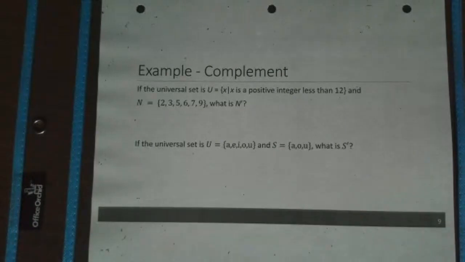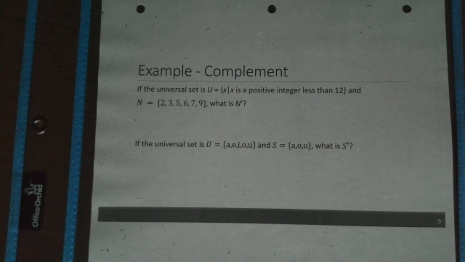So we're going to start looking at some examples. First up, if the universal set U is equal to the set of x such that x is a positive integer less than 12, and set N is the set that contains 2, 3, 5, 6, 7, 9, what is N prime, or the complement of N?